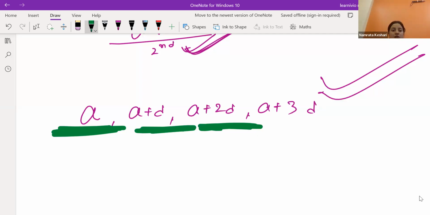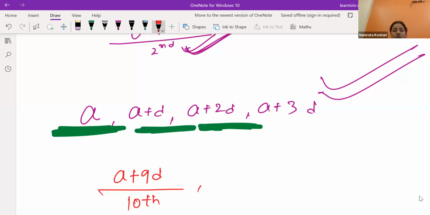If I ask what will be the 10th term, you will say one less D will be there, that means 9D. Are you getting it? Yes, ma'am.